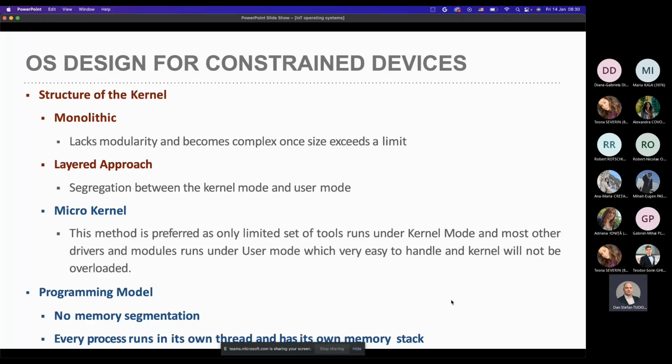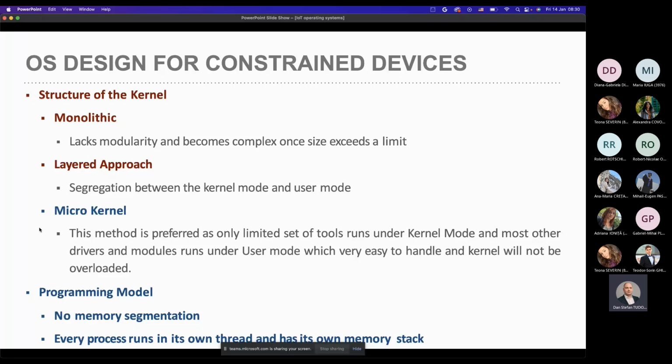Or microkernels. Again, microkernels is a different paradigm of kernel organization for an operating system, and this is preferred for a limited set of tools that run in kernel mode, and most other drivers and modules, they run in user mode.